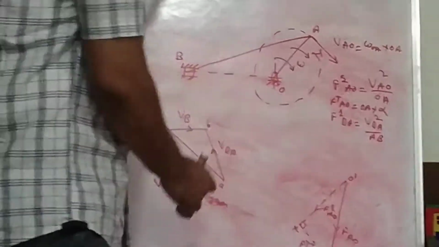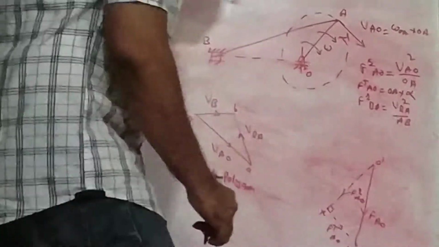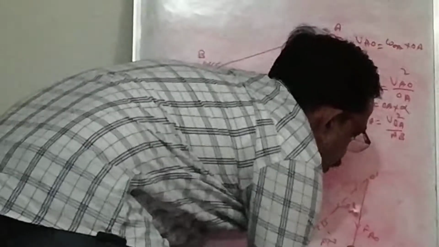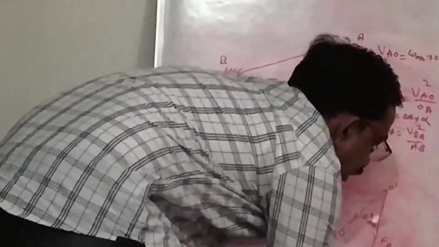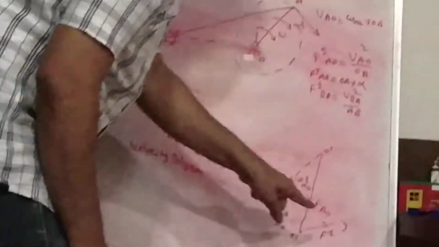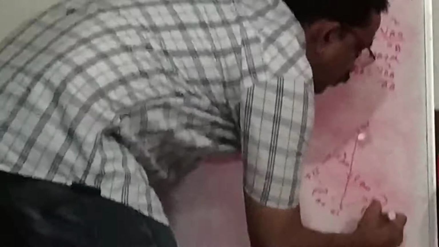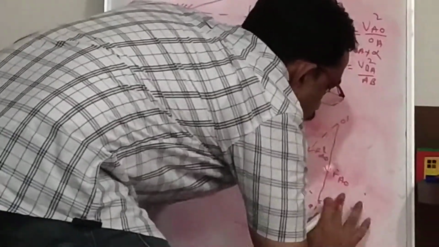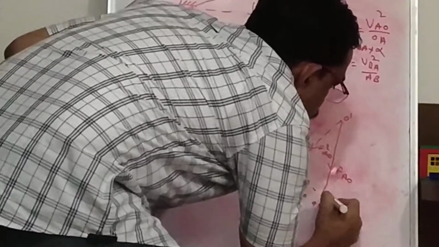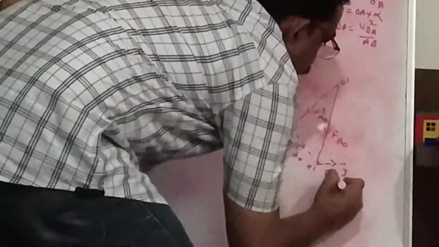Its direction is towards the center, that is towards point A. So draw the vector from point A dash to Y, which represents the radial component of acceleration. This vector is parallel to link AB.